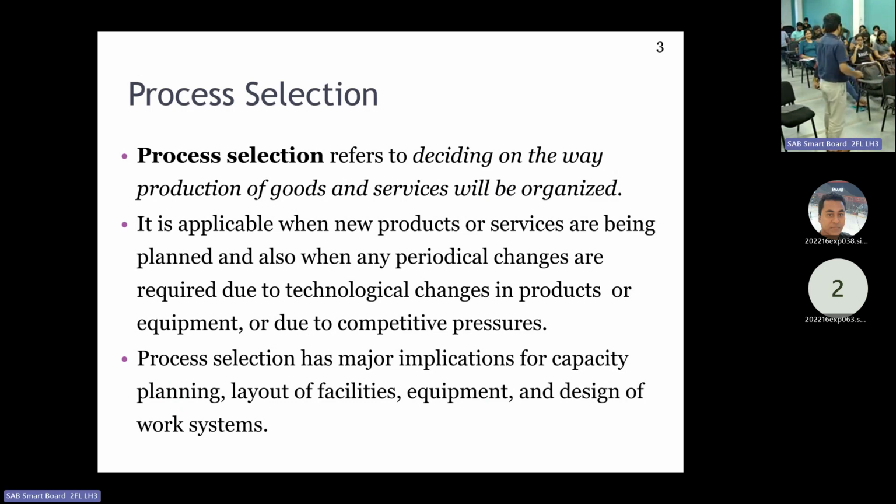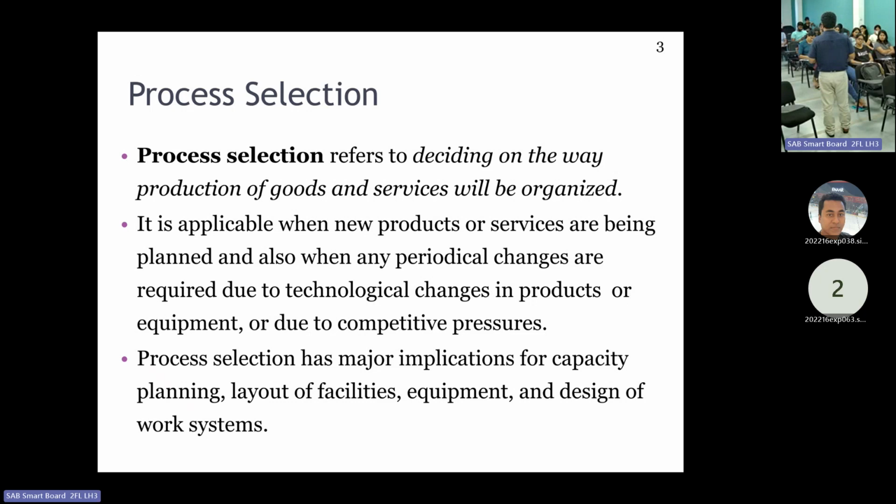Right. Coming to this area of operations management, this particular topic is process selection. Now, in our subject, operations management, although you are not going to specialize in operations management, we consider processes as extremely important.